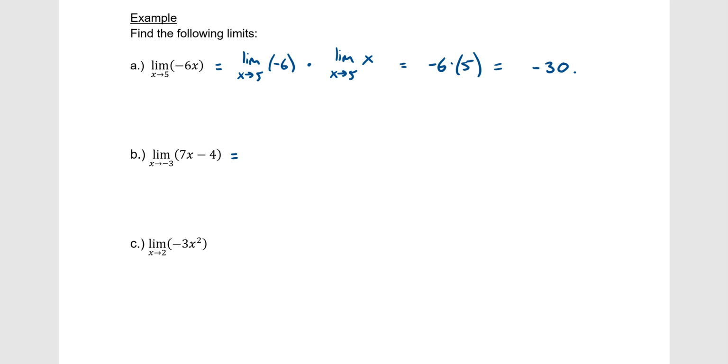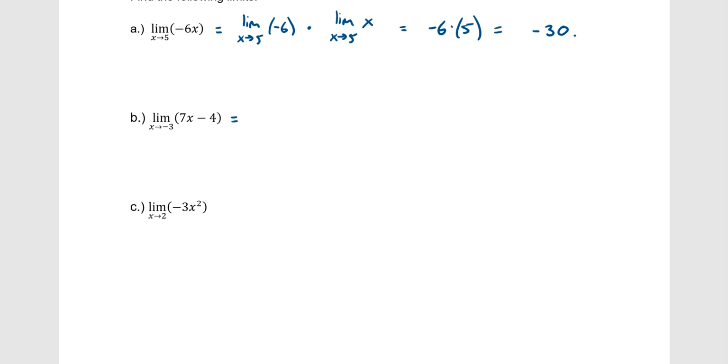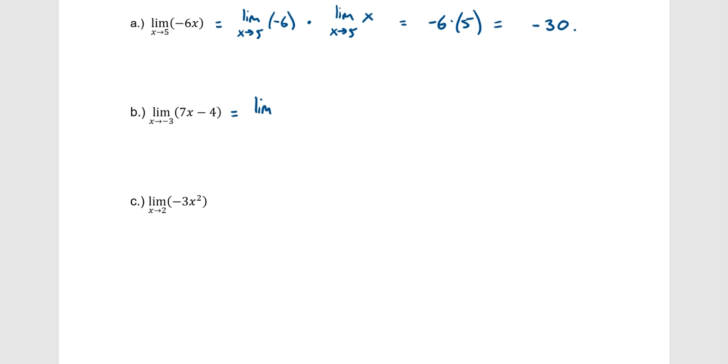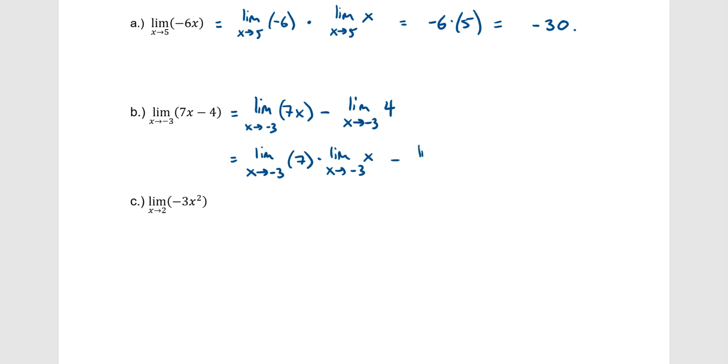Okay, next one we have the limit of 7x minus 4 as x approaches -3. Let's go ahead and split this up as the limit of 7x minus the limit of 4. So I'm just using that difference property. And now we can actually split the first one up using the product property. So that would be the limit of 7 times the limit of x, minus the limit of 4.